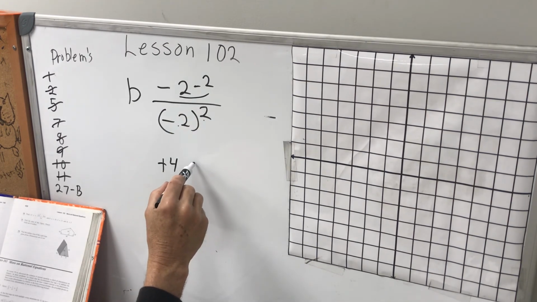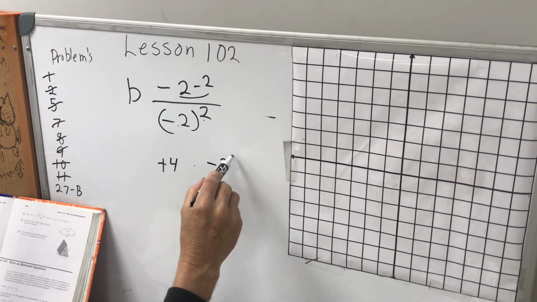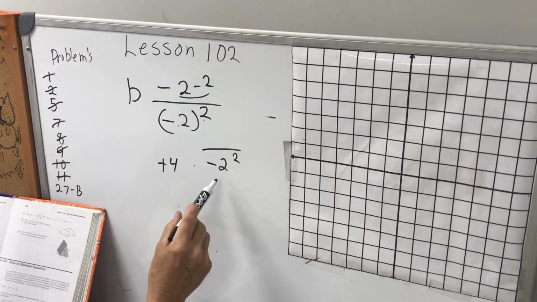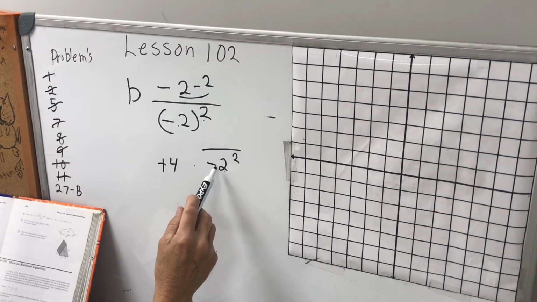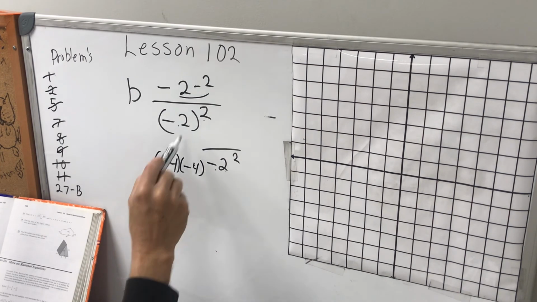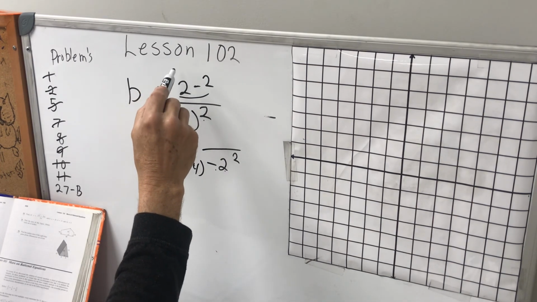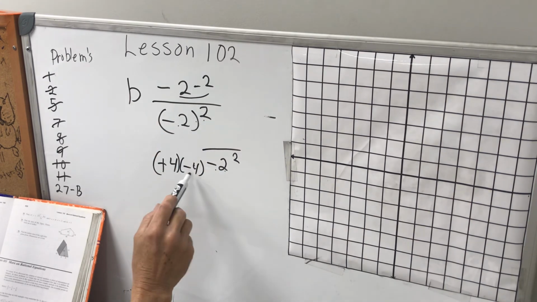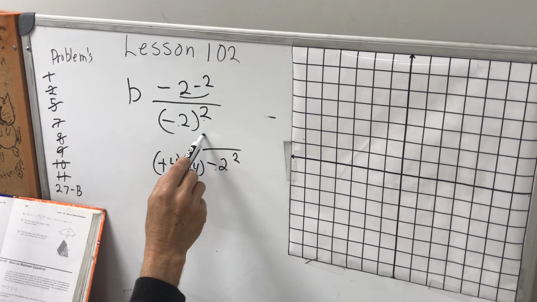That's going to become a negative 2. And when we bring it down, it's going to be positive. So if we do this as 2 times 2 is 4, that's going to be a negative 4. And when you bring it down, the numerator divided by the denominator, you multiply them times each other.